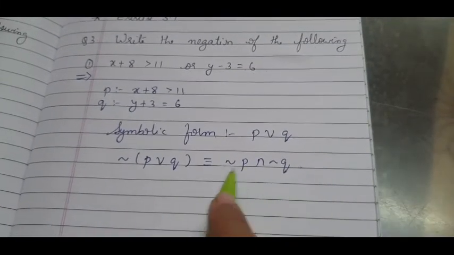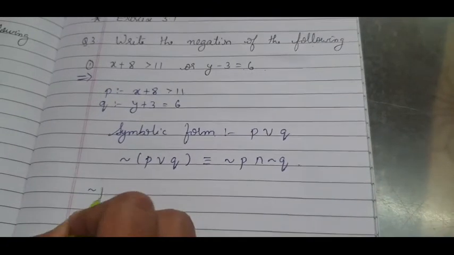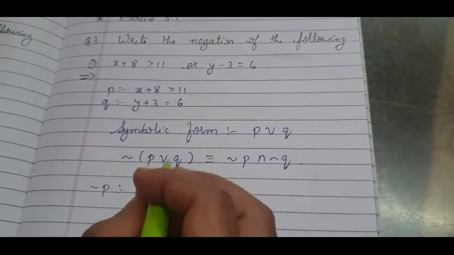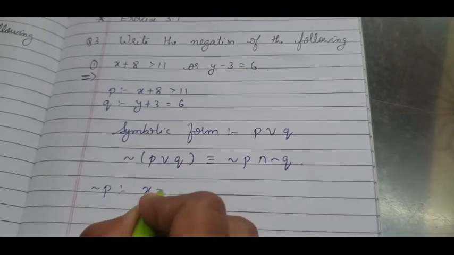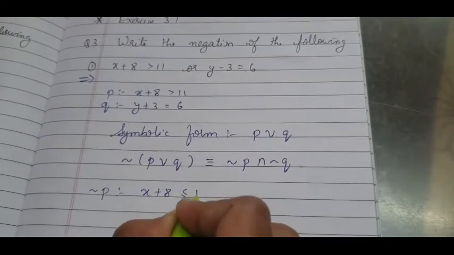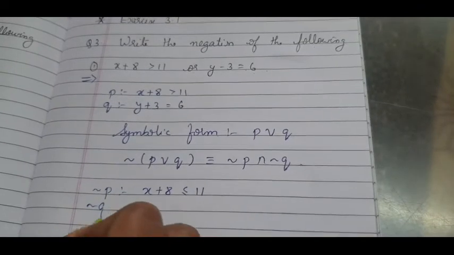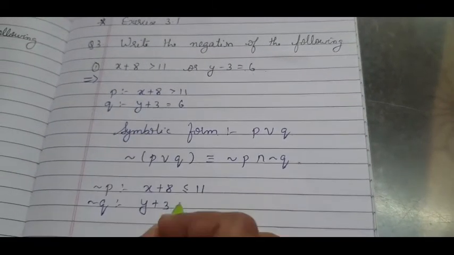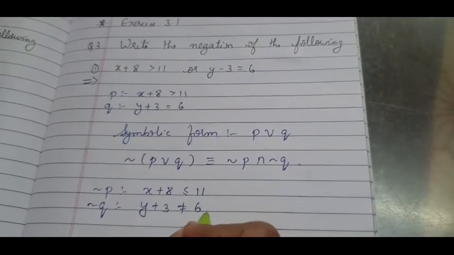So we require negation P. P is x plus 8 greater than 11, so negation of P will be x plus 8 less than or equal to 11. Negation Q will be what? Here it is y plus 3 equal to 6, so we will write not equal to 6.